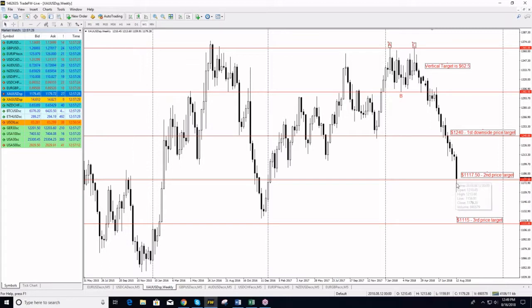It hasn't closed below that. Like here, you see, we hit the target, but the confirmation that we are going lower was given by this candle. So we need to see a close below the level to say that this level is broken and we are going for this target. So now we are on this target.